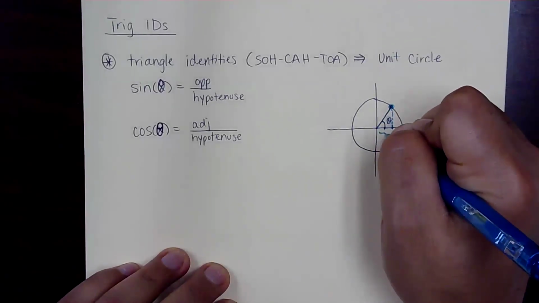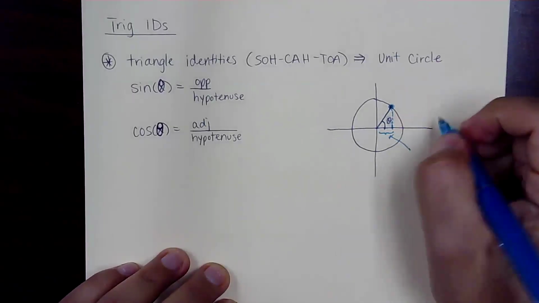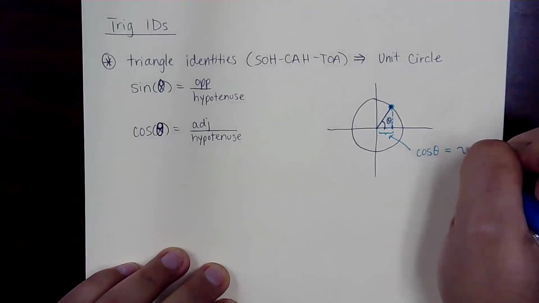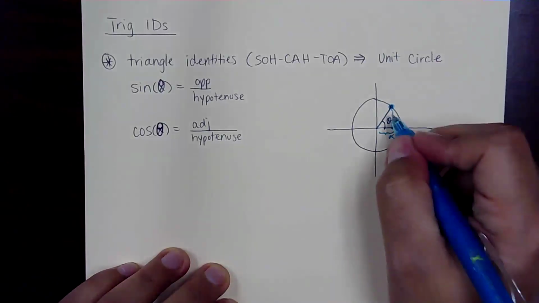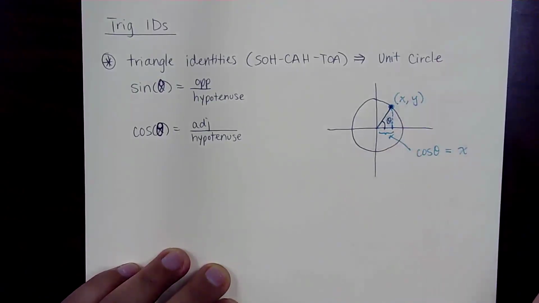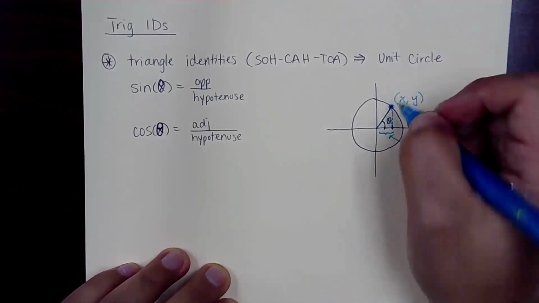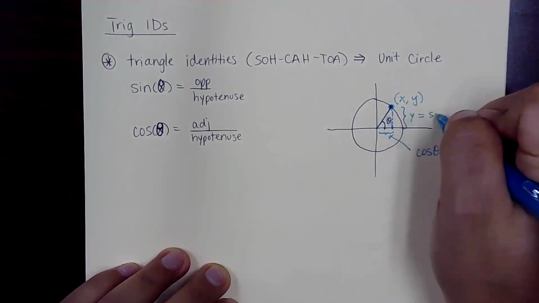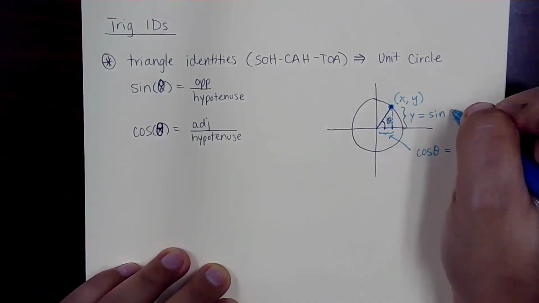The x value here, the cosine of theta, is just giving you the x value for any of these points on the unit circle, right? Whereas this y value over here is just equal to your sine theta.